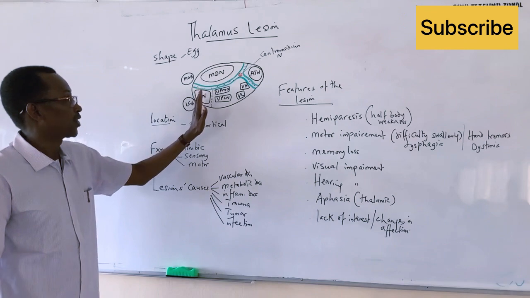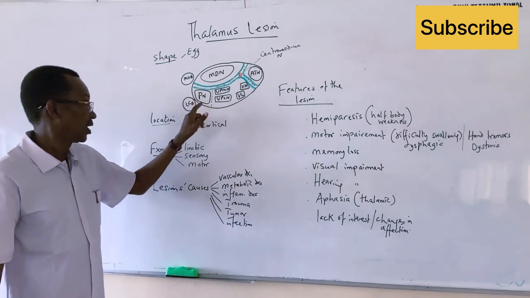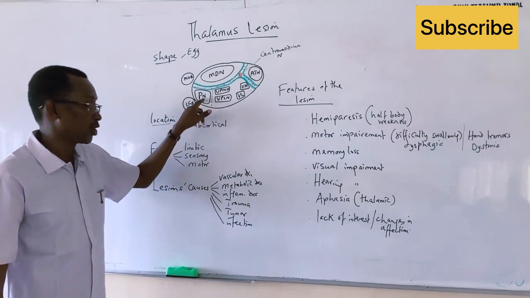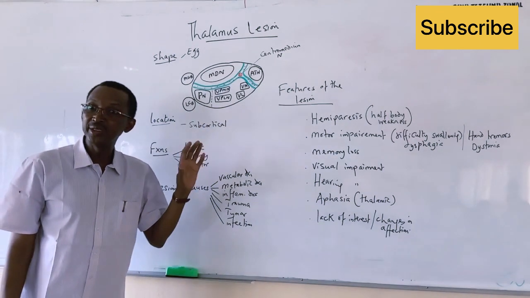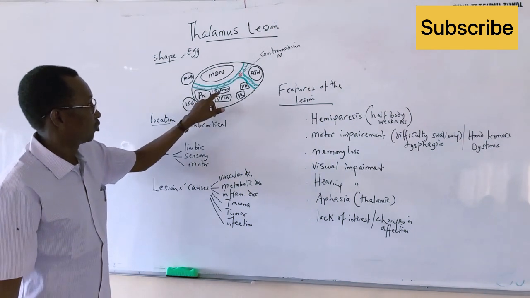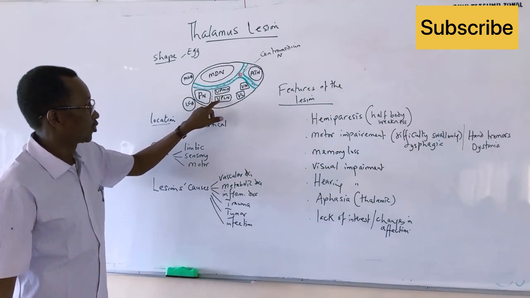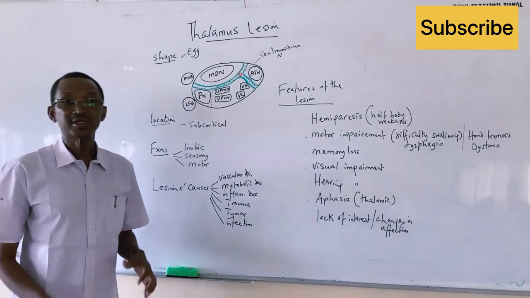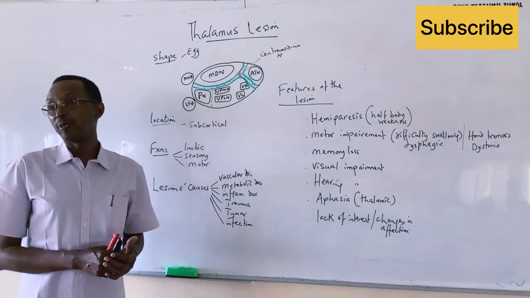Similarly, in the posterior part of the lateral portion of the thalamus, there is one large nucleus known as the pulvinar nucleus. This pulvinar is also for the sensory function of the thalamus. So the ventroposteromedial nucleus, ventroposterolateral nucleus, and the pulvinar are all for the sensory functions of the thalamus.